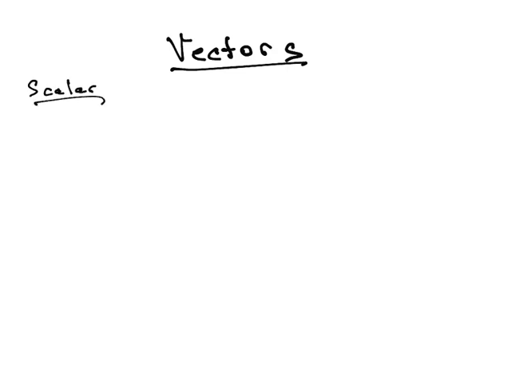A scalar is just a magnitude or an amount: how much? For instance, if you ask how fast this person is going, you might say they're going 10 meters per second. That's a speed.